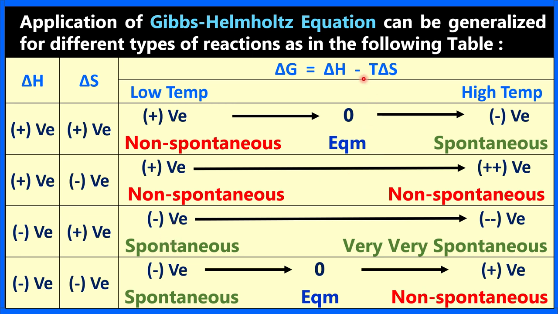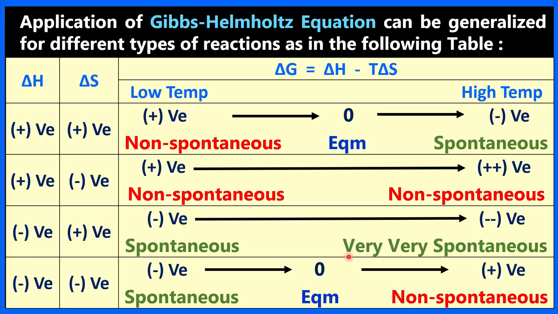And at high temperature, T delta S also increases, that is the negative value of delta G increases with increasing T. Therefore, at a low temperature it is negative, and as well as at higher temperature it will be negative, and with increasing temperature the negative value of delta G increases. Therefore, the reaction is spontaneous at low temperature, and with increasing temperature the reaction becomes more spontaneous.